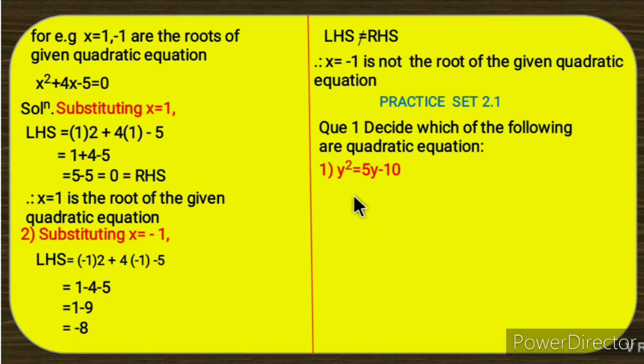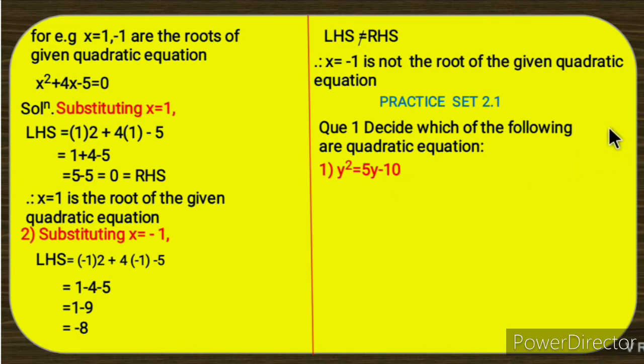The given equation is y square is equal to 5y minus 10. First write down the given equation in standard form, that is ax square plus bx plus c is equal to 0. Therefore, transfer the RHS side terms, that is 5y minus 10, to the left hand side.